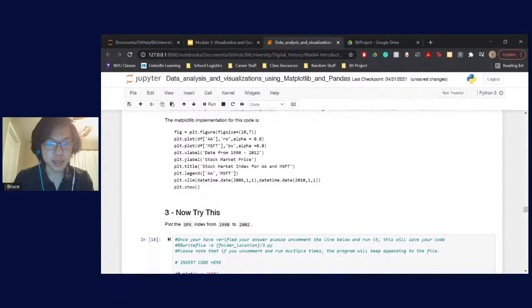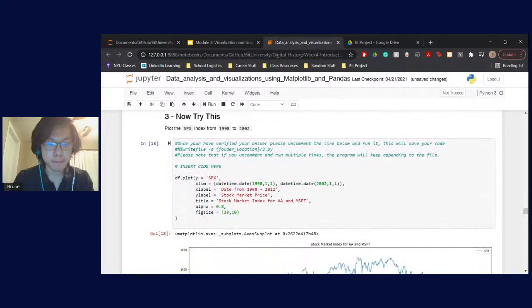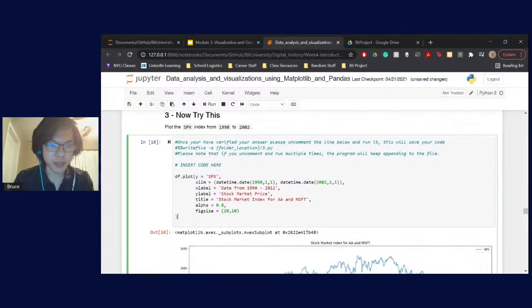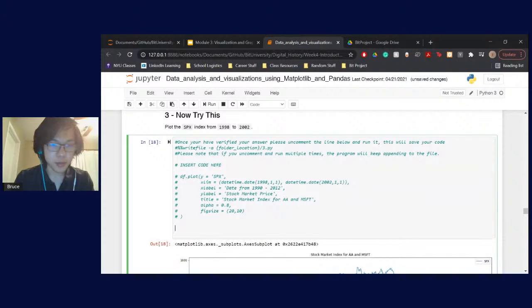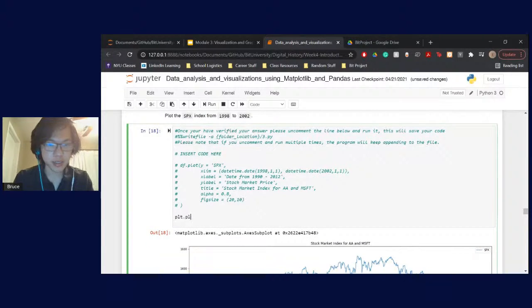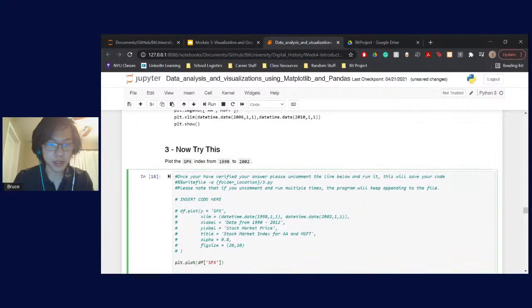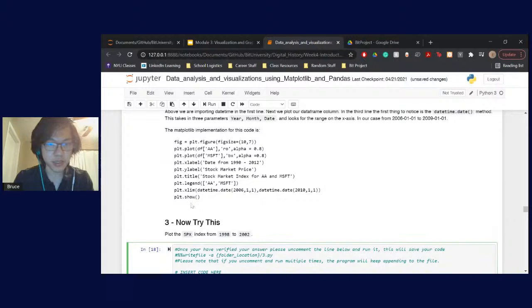Let's also do this with Matplotlib. So we're doing plt.plot still, and we're calling df.spx. What other things do we want to show?